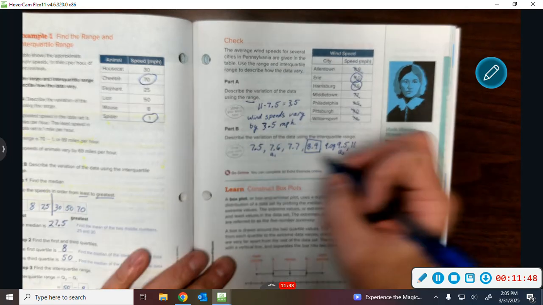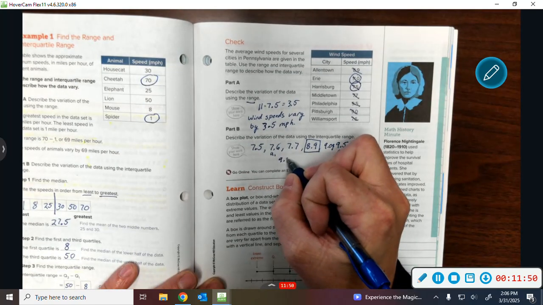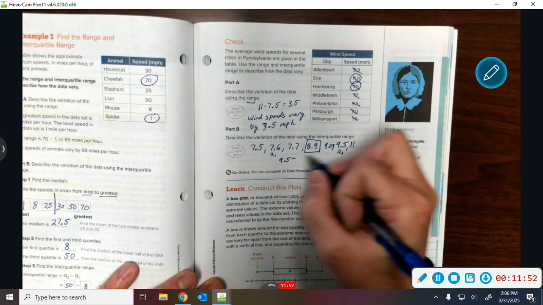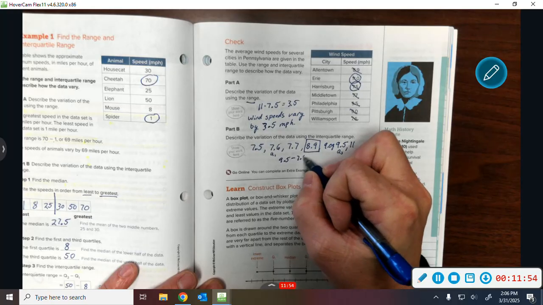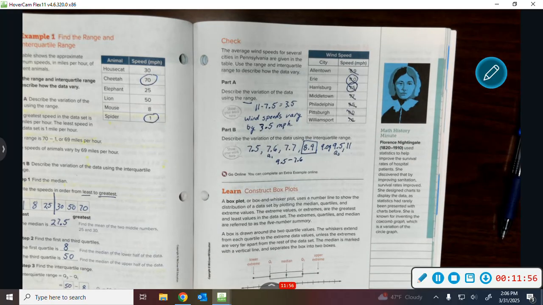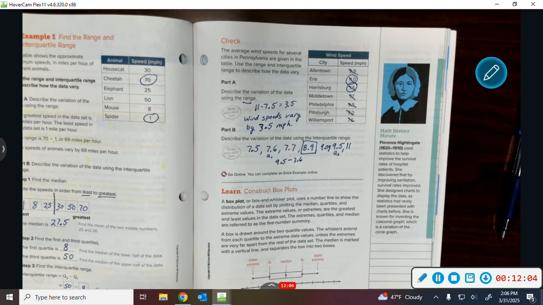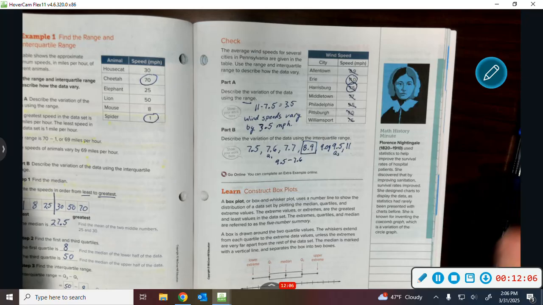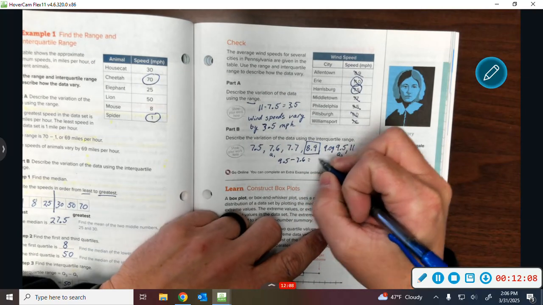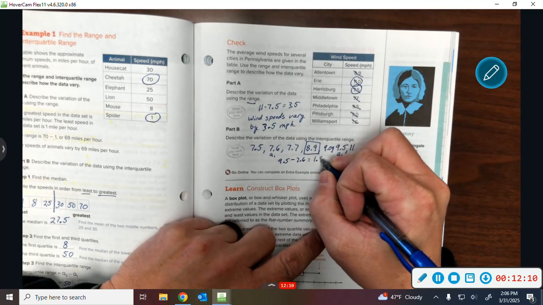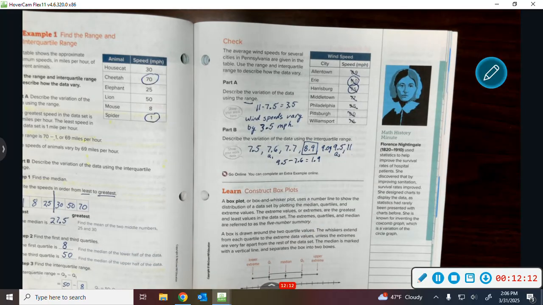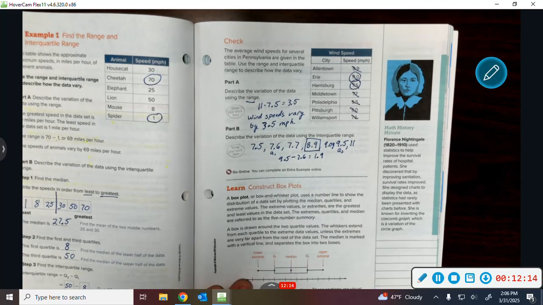So we're going to do 9.5 minus 7.6. I'm going to need a calculator for that. So 9.5 minus 7.6 is 1.9.